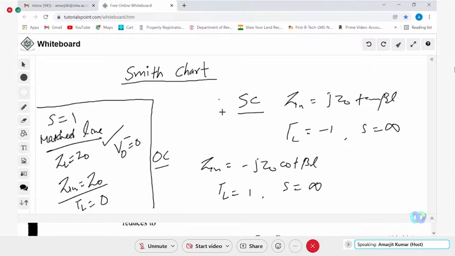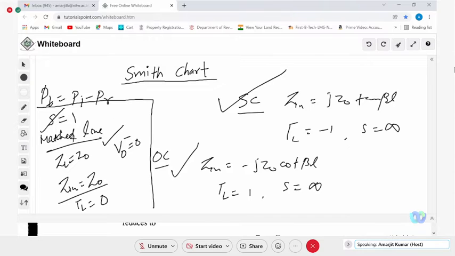So this was the case for short circuited, open circuited and matched transmission line. So what is happening to the power? Transmitted power PT is equal to PI minus PR.